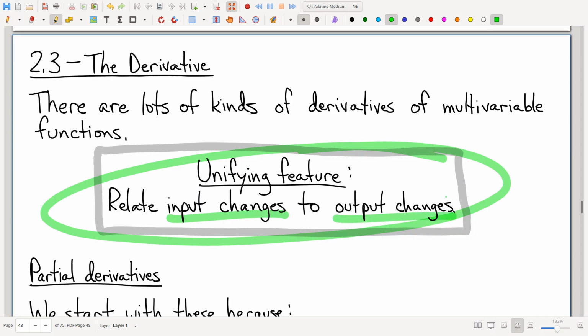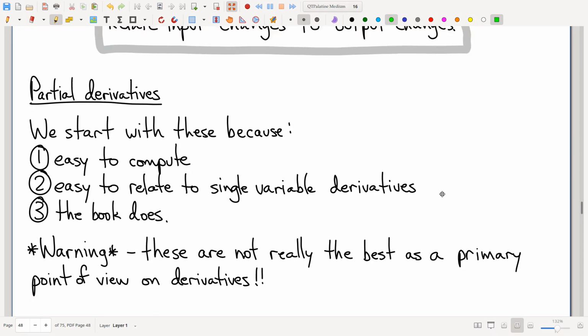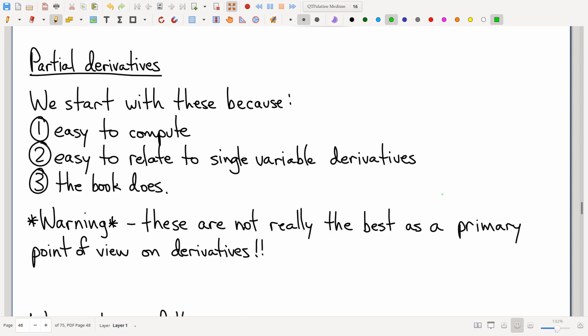If you have a number that goes in and a number that comes out, if you change that input number a little bit, you're going to change the output number a little bit. And the question is, how do you relate how you change the input to how you change the output? Okay, so as we go through and talk about different derivatives, be on the lookout for, wait a second, how does this relate input changes to output changes? Okay. We're going to start with partial derivatives.